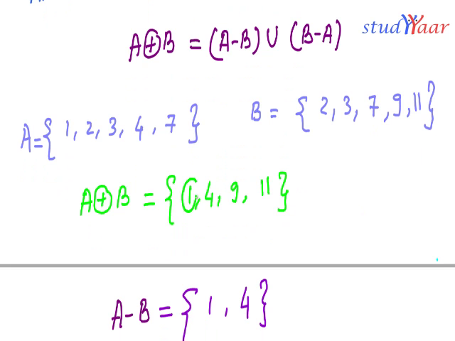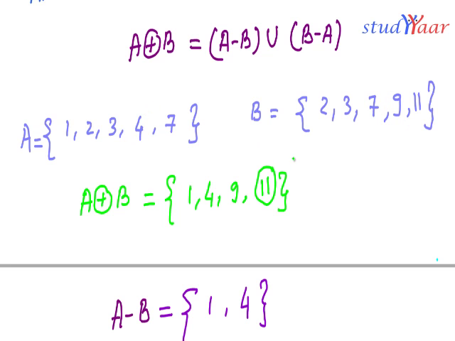As you can see, 1 is present in only A but not in both. Similarly 4 is present in A but not in B, so it is not present in both. Similarly 9 is present in B but it is absent in A, so it is also not in both.